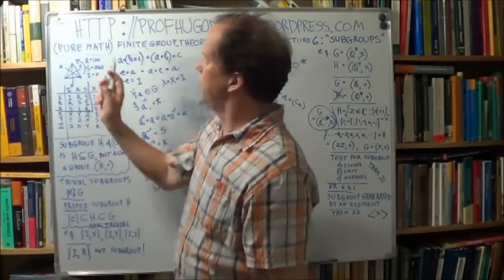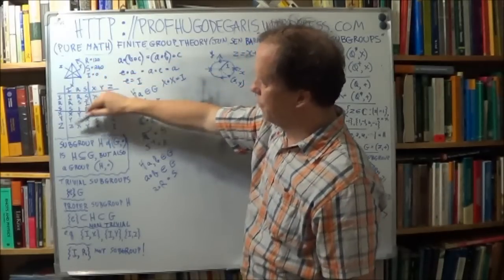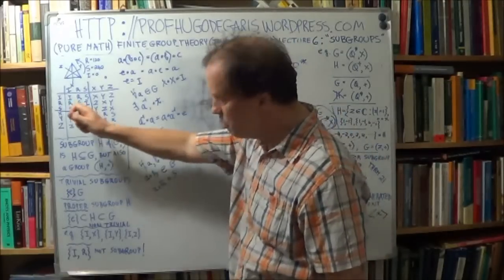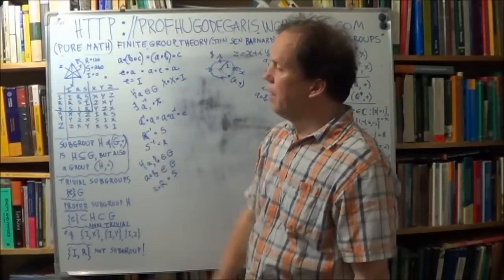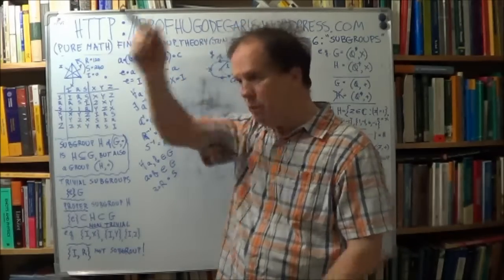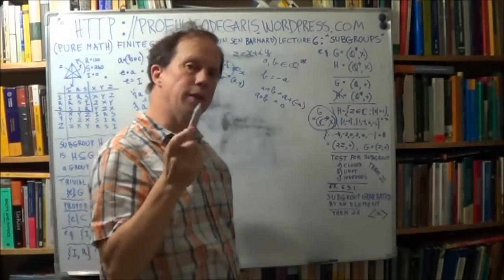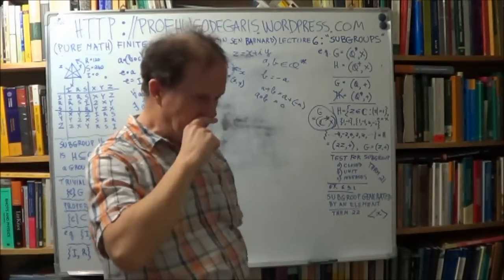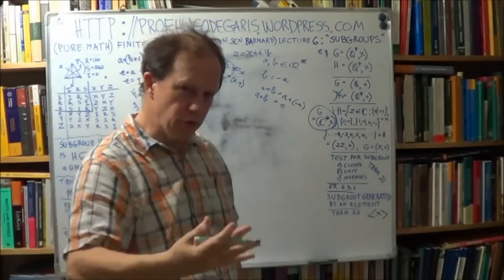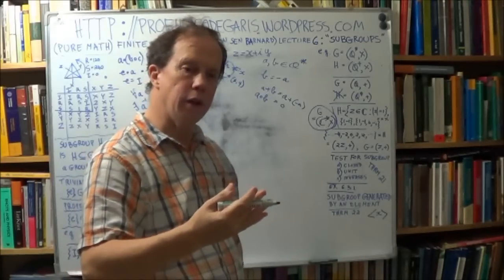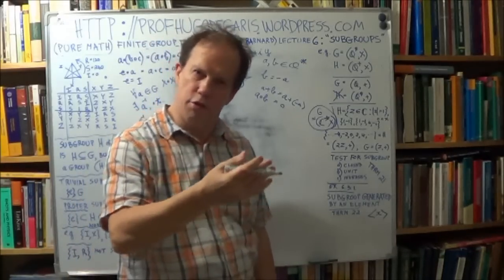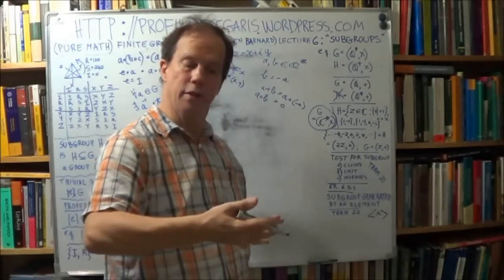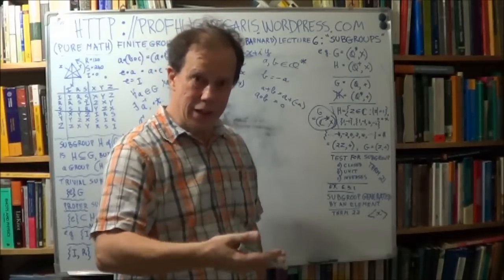Now, if you look at a table like this, it's fairly easy to see whether something is a subgroup or not, almost by visual inspection. But if your group is large, or an infinite group, you need some method, some well-tested procedure that allows you to prove that a subset you suspect is a subgroup is actually a group.